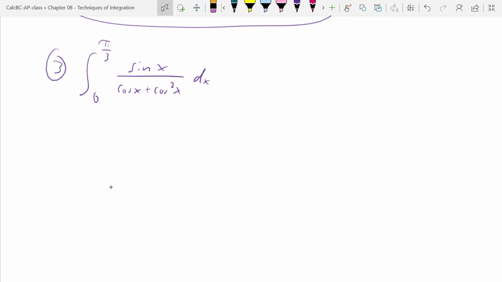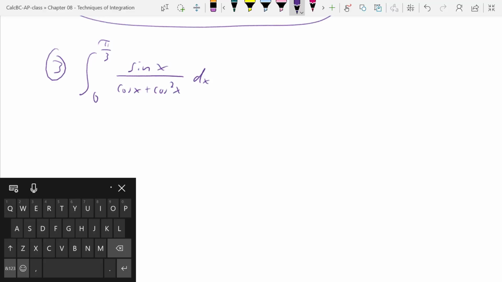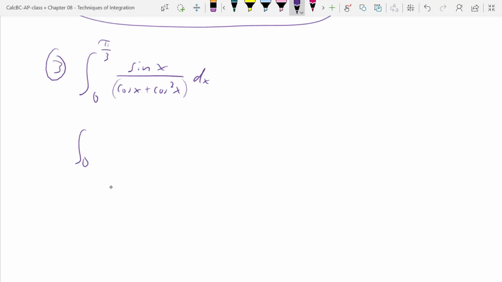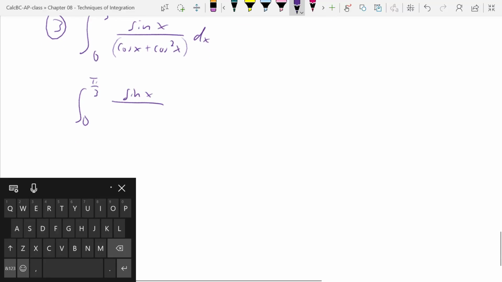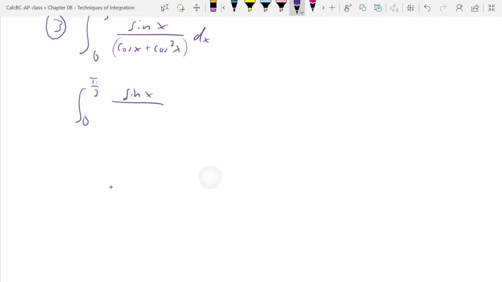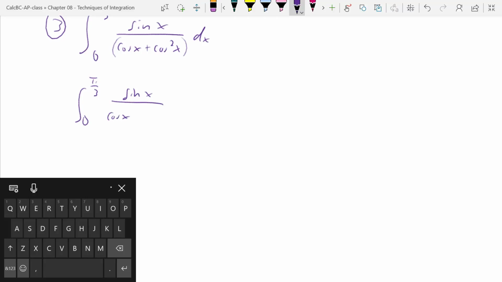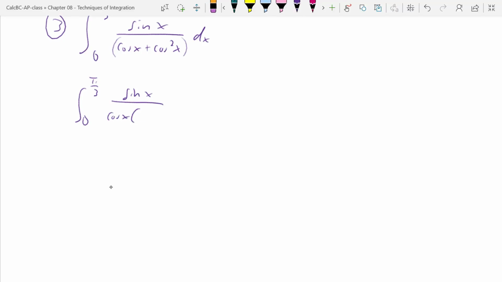Well, I know that I have at least a repeated factor in the denominator, so I can pull that out as the integral from 0 to pi over 3 of sine x over cosine x, take that out, I get 1 plus cosine x dx.